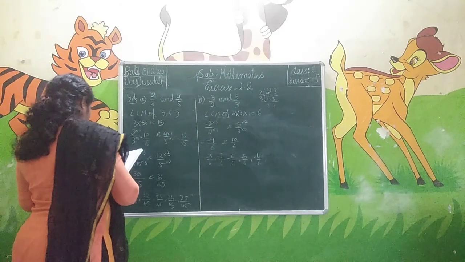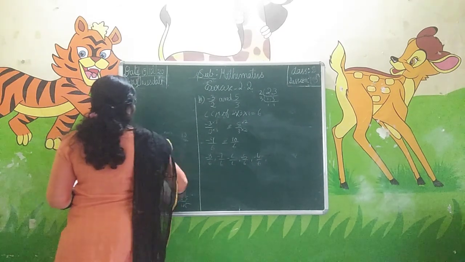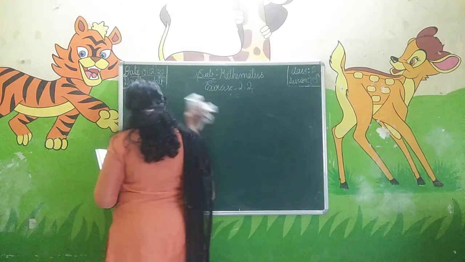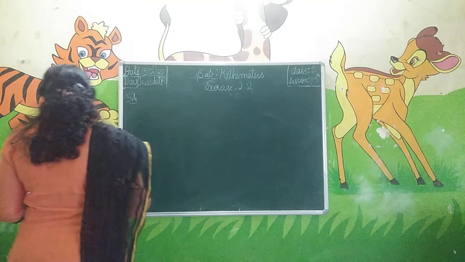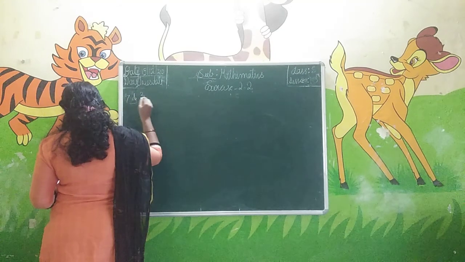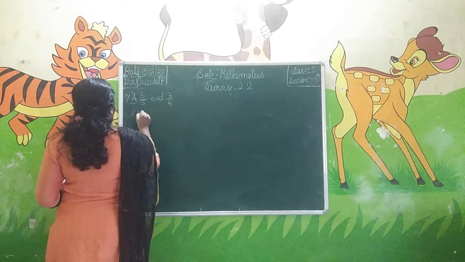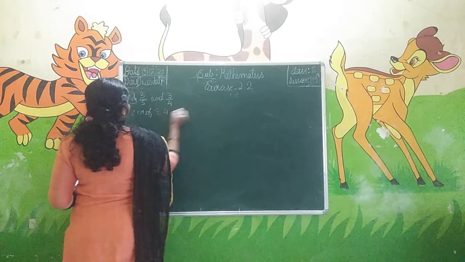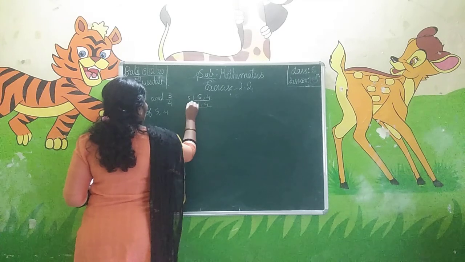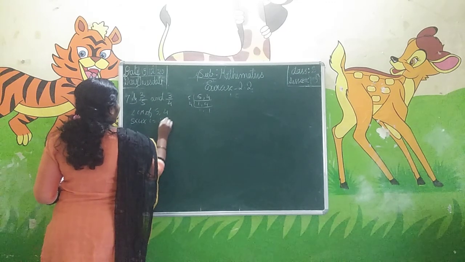So the LCM of 5 comma 4: 5 ones are 5, 4 ones are 4. 5 into 4 into 1 is equal to 20.